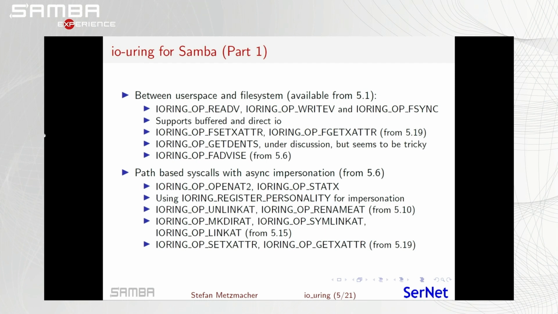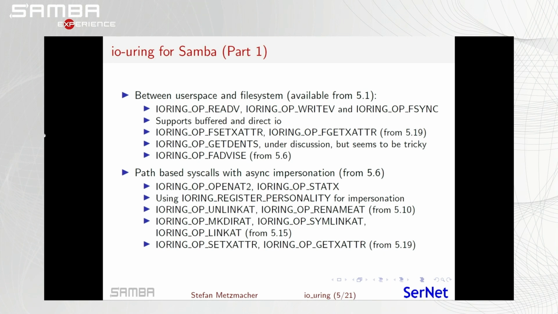And with io_uring you can use the io_uring register personality call, which captures the current permissions of the process and gives that a number, so that future io_uring calls can refer to that and can then easily switch between operations and between personalities.